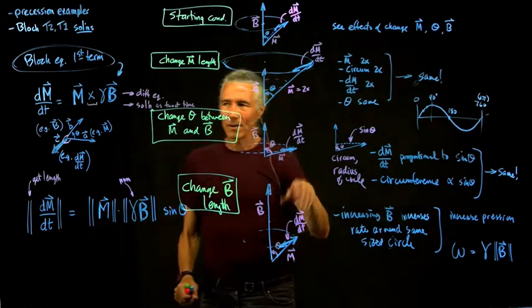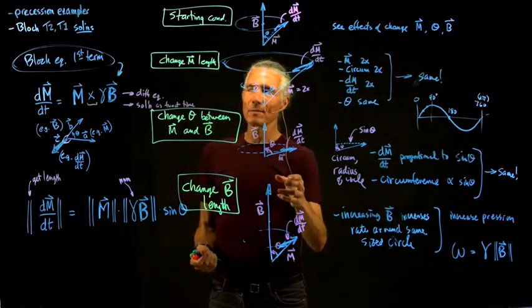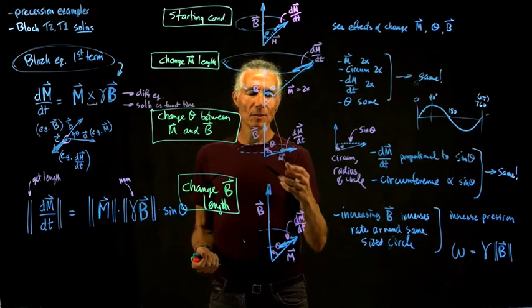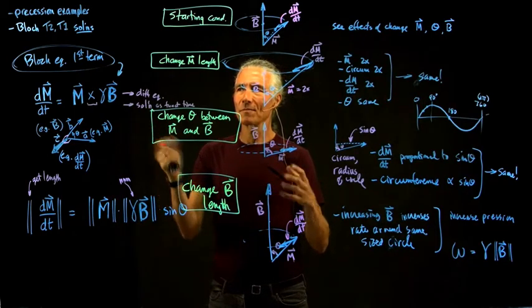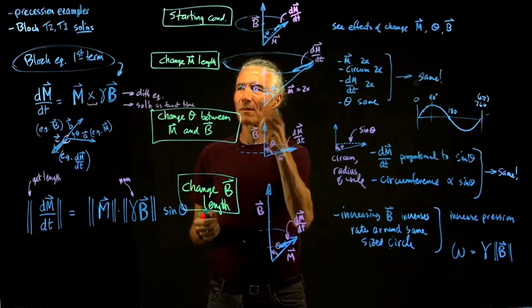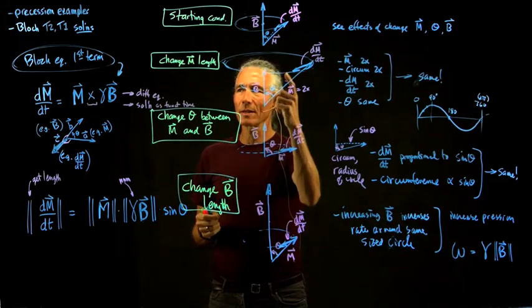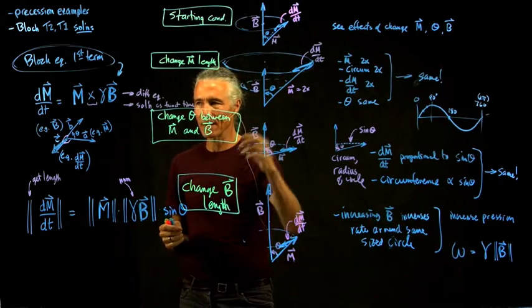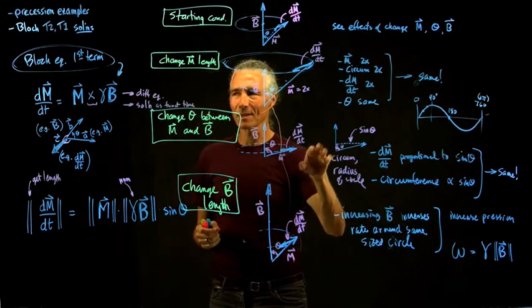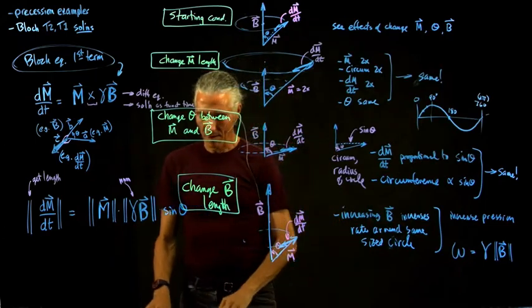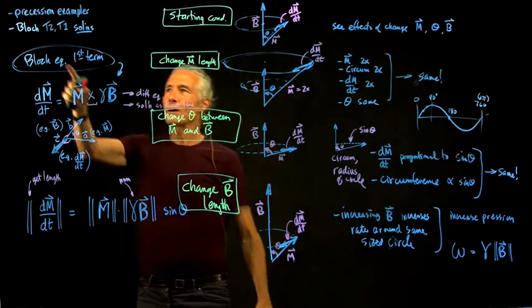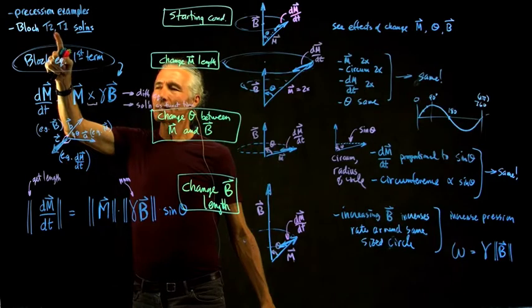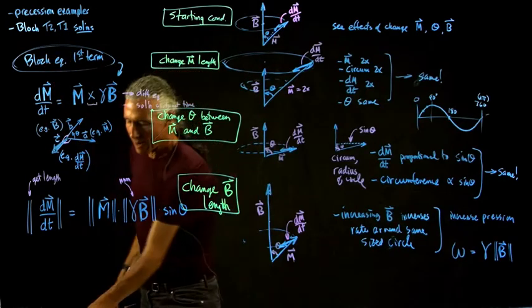I'll talk about that on the Friday graduate section. I'll talk about the actual solution to the precession solution, just to see the gory details of how it works. It's very intuitive just looking at it this way, but to actually do it, you need sines and cosines and negative sine and cosine. So what we want to do now is talk about the T1 and T2 solutions, not how you get them.